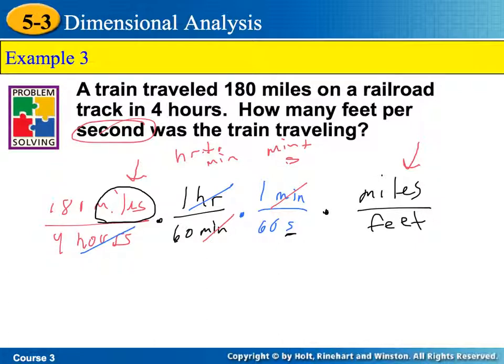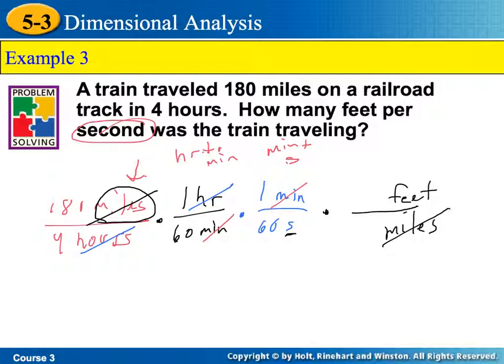So I cannot use miles on top, because it is in my numerator to begin with. I want to have miles on the bottom and feet on top, in my numerator, because then I can cancel these two out.